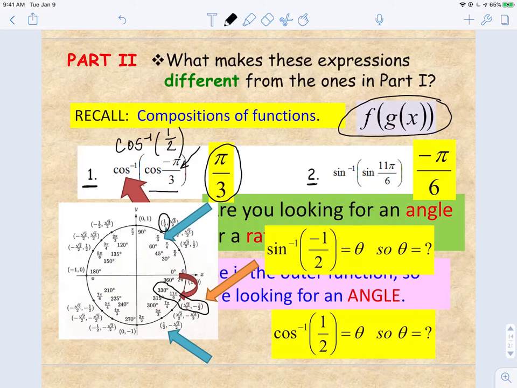And the sine of that is the y value, this negative 1/2. So I'm going to rewrite this as inverse sine of negative 1/2.